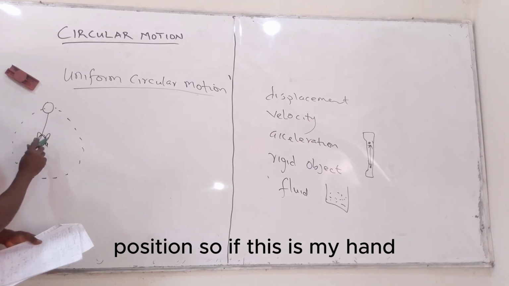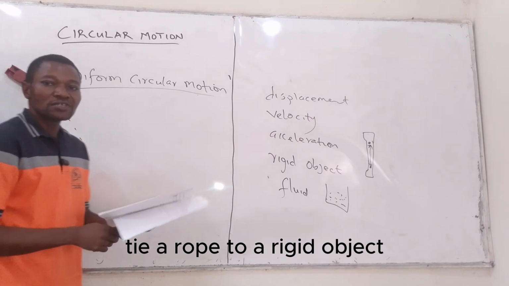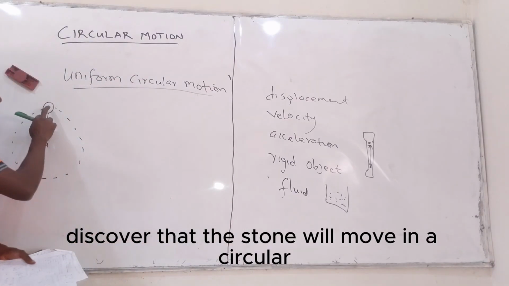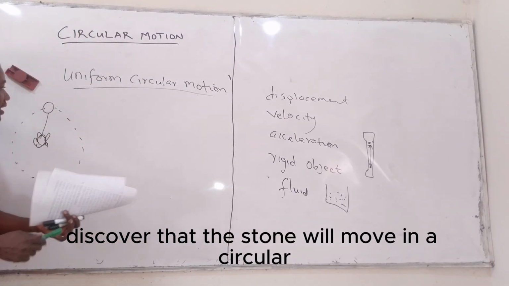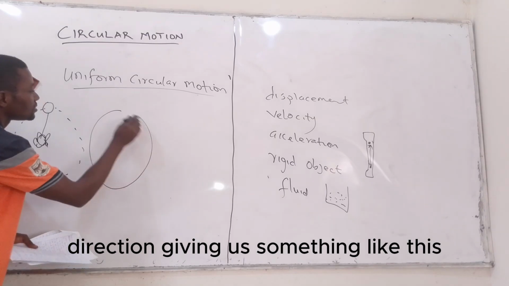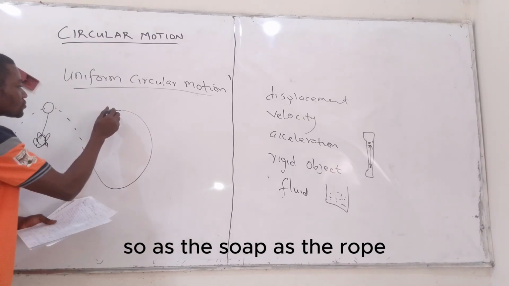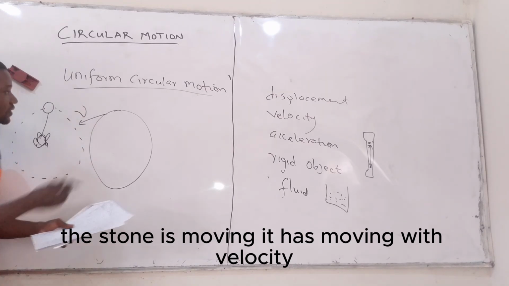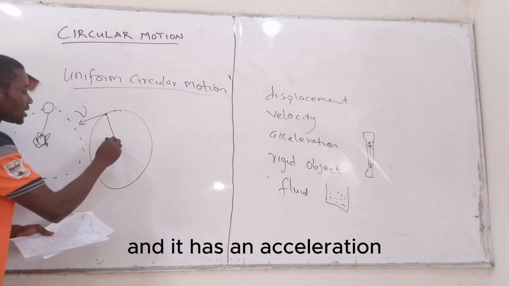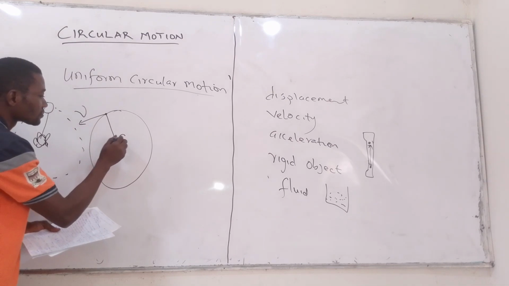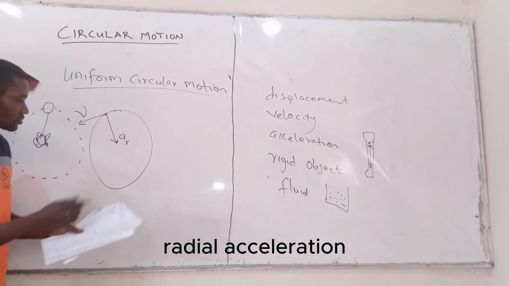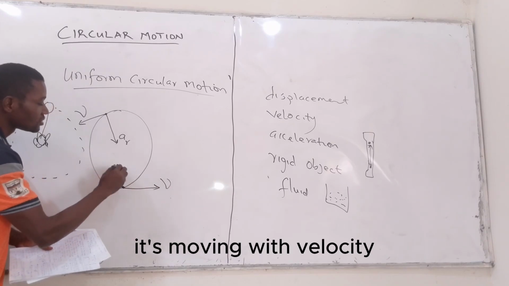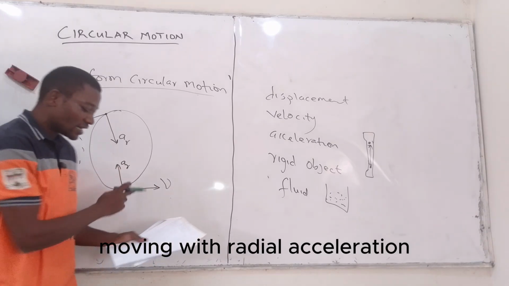So if this is my hand, tie a rope to a rigid object, and as you try to rotate, you discover that the stone will move in a circular direction, giving us something like this. As the stone is moving, it moves with velocity, and it has a radial acceleration. So at each point you look at the stone, it's moving with velocity and radial acceleration.